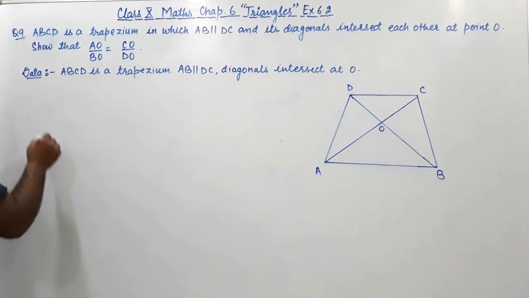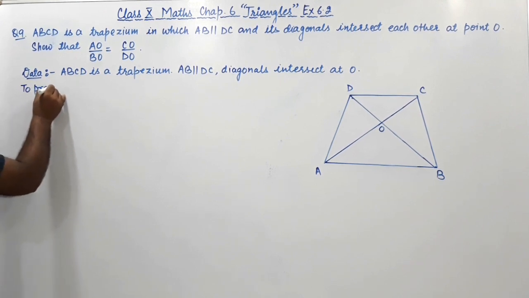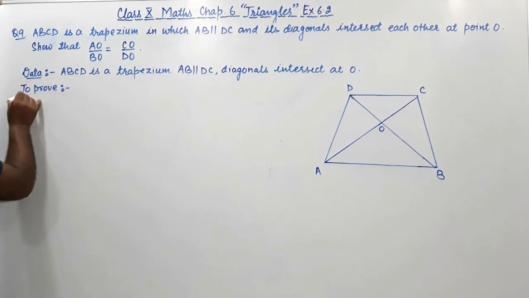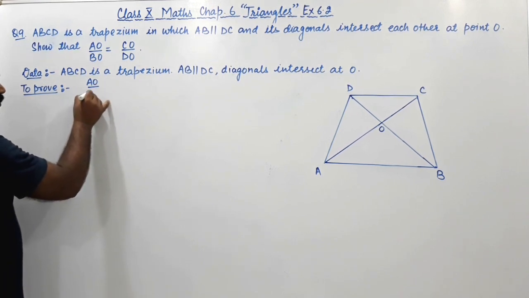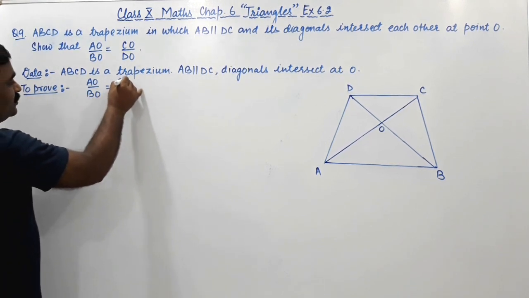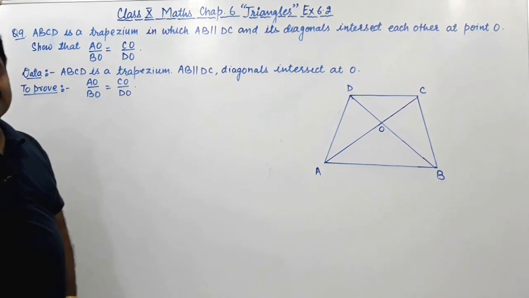Now what we are going to prove: we are going to prove that AO upon BO equals CO upon DO. ये हम प्रूव करने चल रहे हैं.